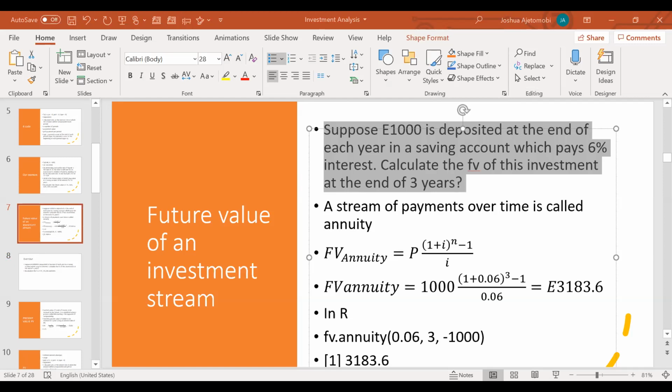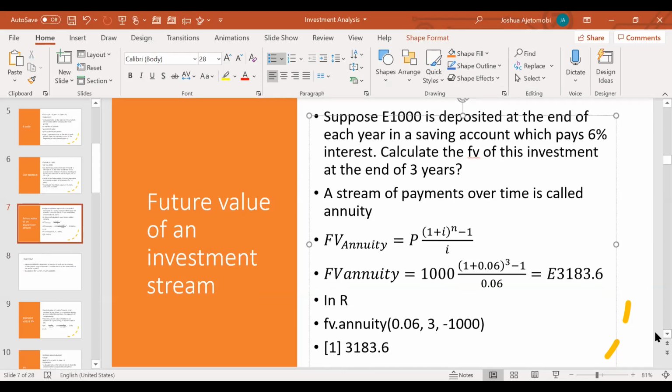If you have done it correctly, definitely you will get it. I got it, but I'm not sure if it's correct. The answer is 3183.6. What did you get? Oh, okay. I got 3183.6.